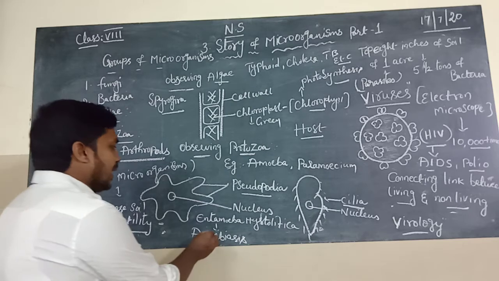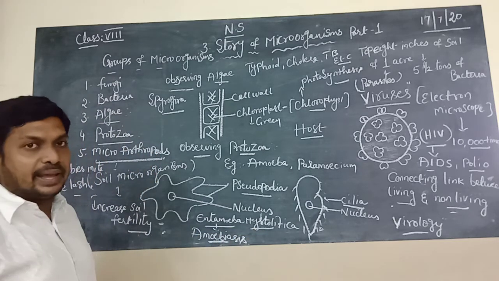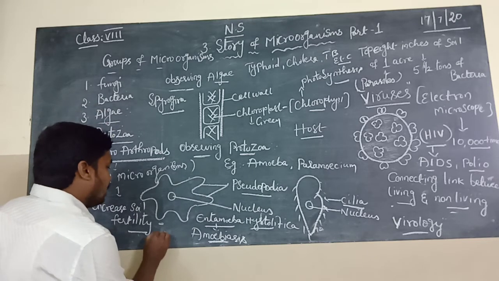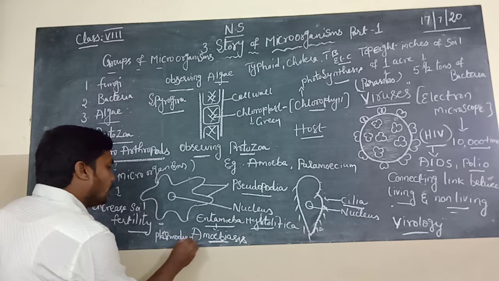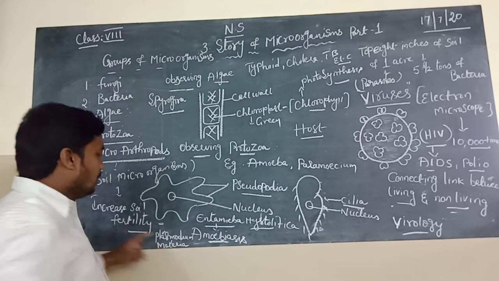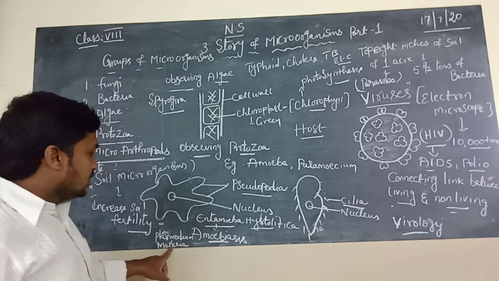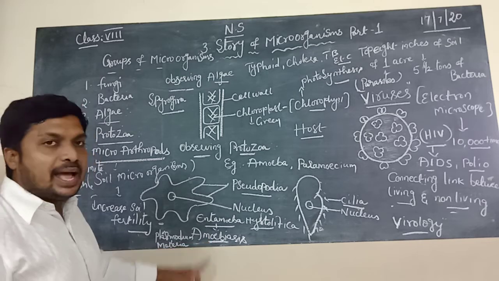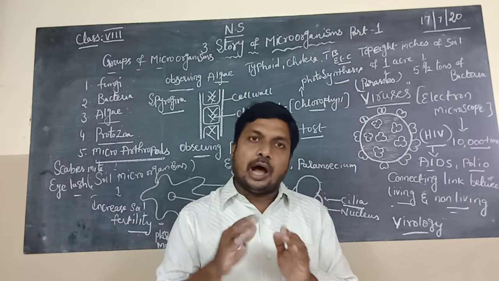Amoebiasis means gum motions. Plasmodium, which belongs to protozoa, causes a disease called malaria.